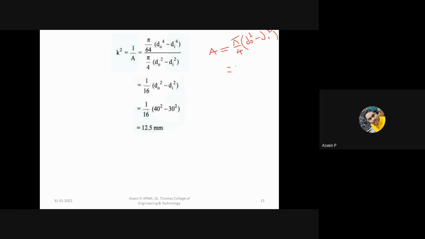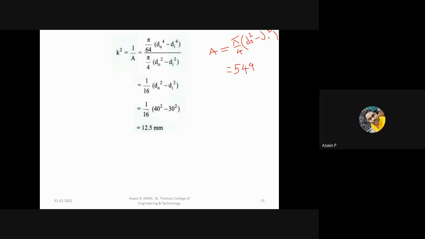Area? 549.5. Some get 549.7. That depends on the pi value.